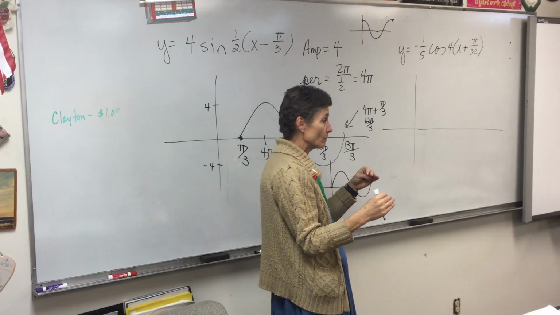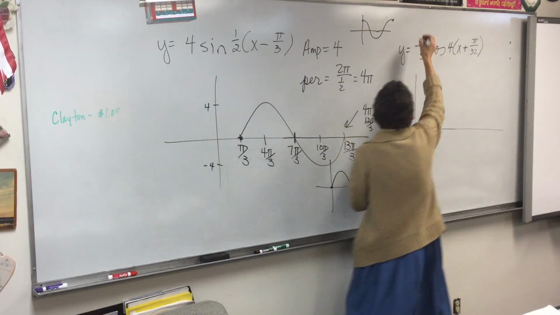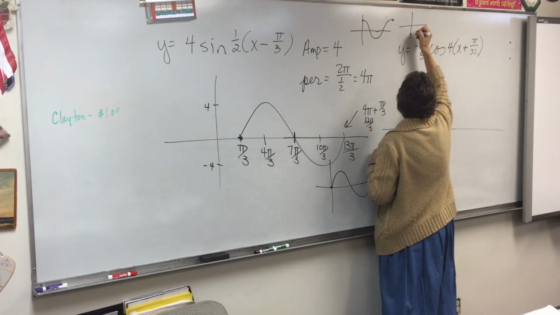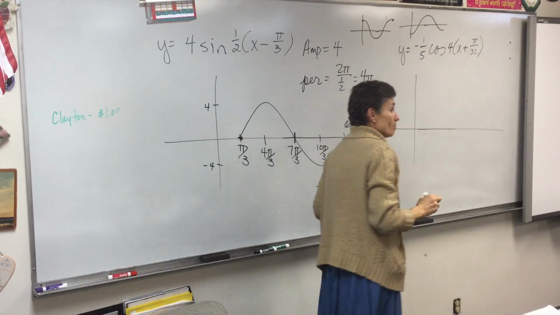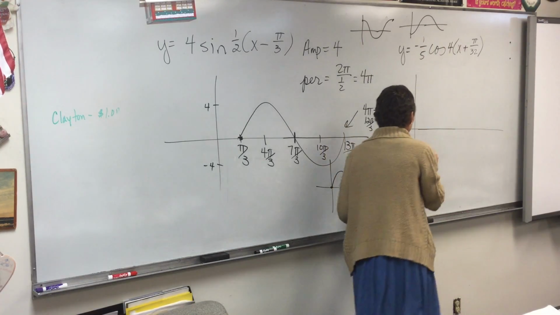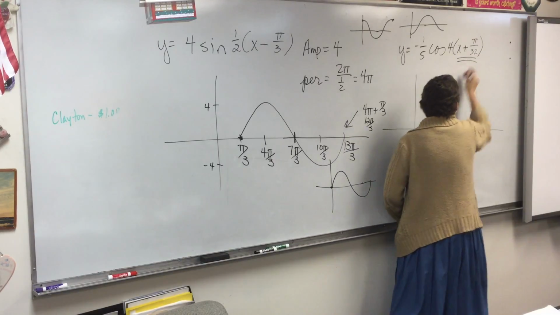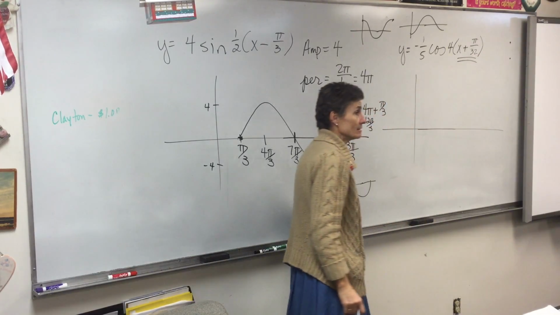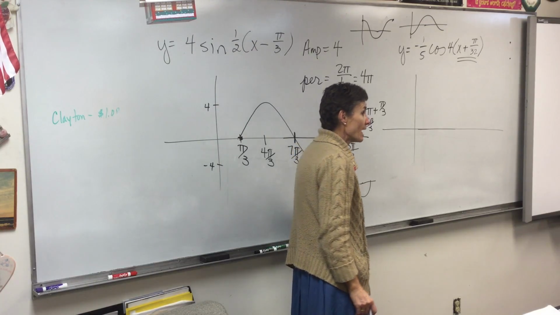And what's it going to do? It's going to go from the bottom to the bottom. So it's going to look like that. But be careful, I almost drew it in. But see that? That changes everything. What does that change? It moves it to the left.